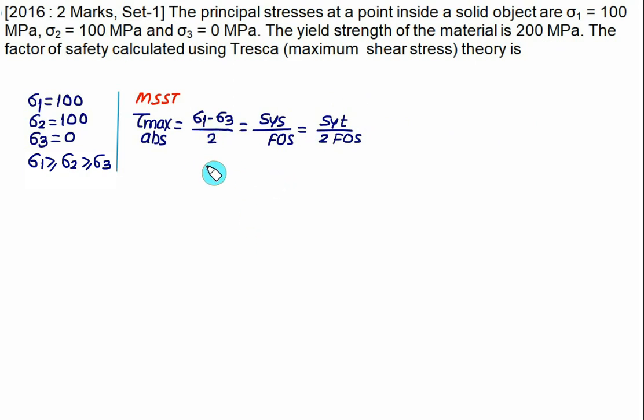We have sigma 1 equal to 100, sigma 3 equal to 0, divided by 2, and SYT given as 200 divided by 2 times the factor of safety n. So 2 and 2 get cancelled, and the factor of safety is equal to 200 divided by 100, that is equal to 2.